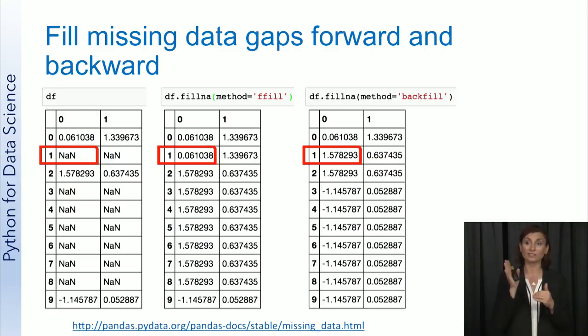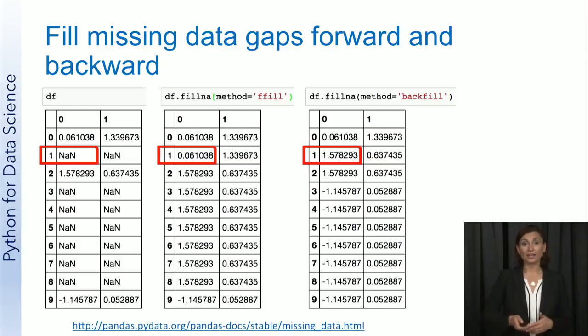So if you look at the second data frame, row 1, column 0 will no longer be NaN. It's going to be the value stored in row 0, column 0. In the backward fill, the same row gets replaced by the value in row 2, column 1. So it's going upwards in the data frame.